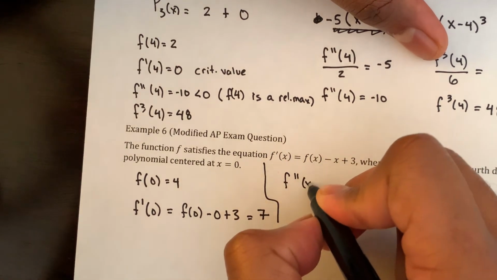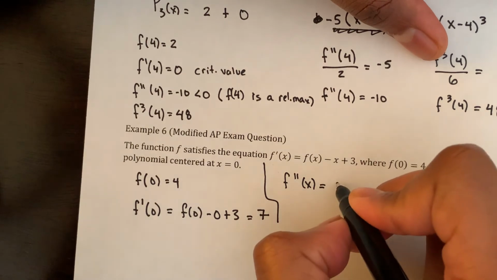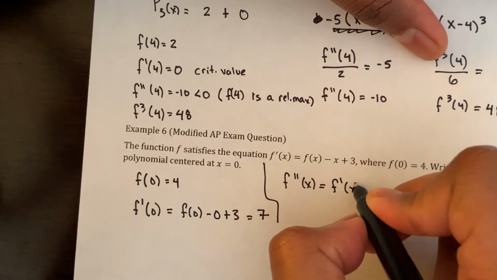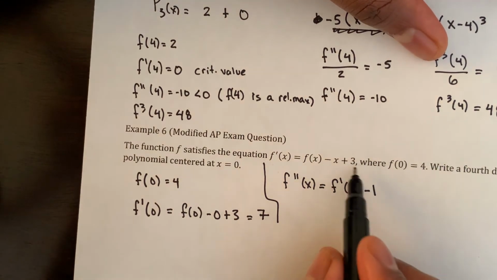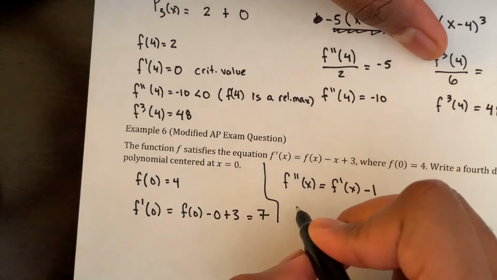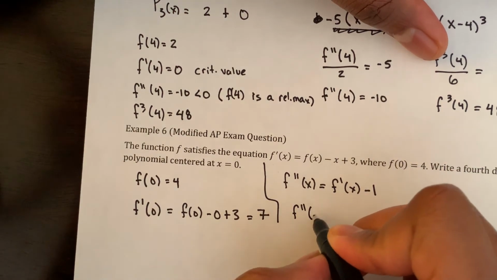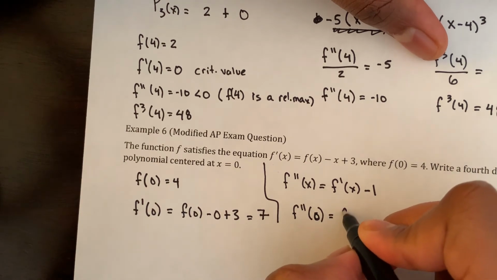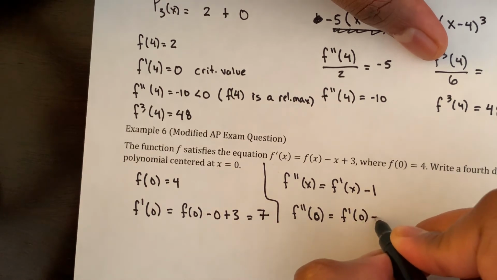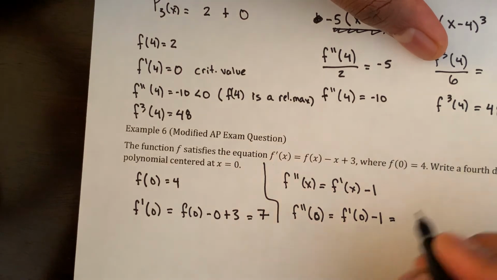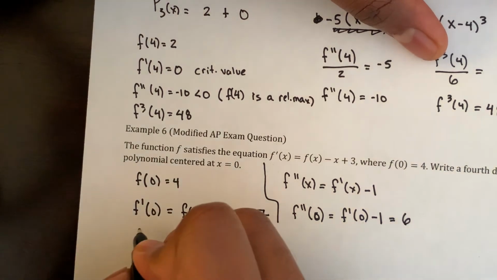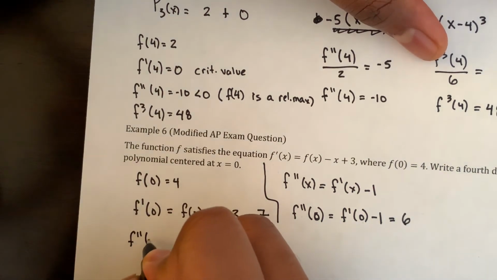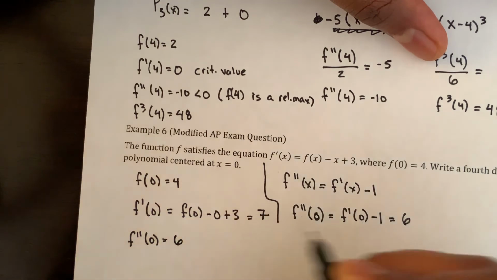So f double prime of x is going to be f prime of x minus 1, and the derivative of 3 is 0. So then f double prime of 0 is going to equal f prime of 0 minus 1, which is 7 minus 1, which is 6. So f double prime of 0 is equal to 6.